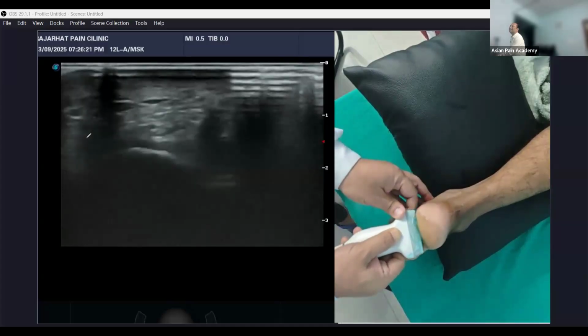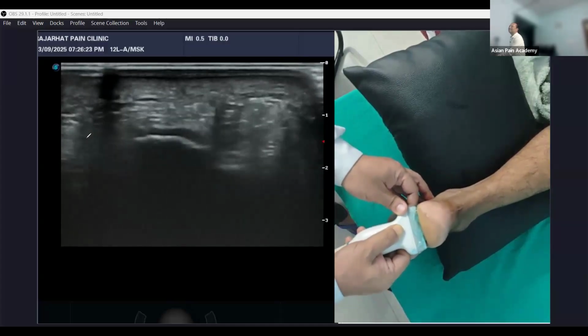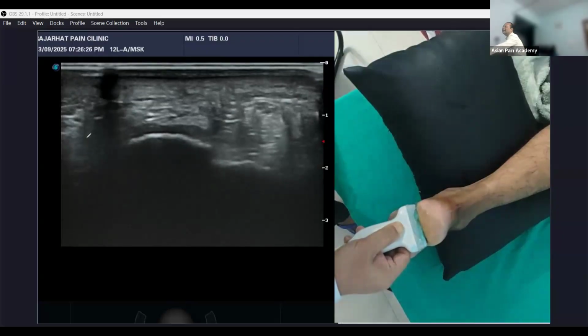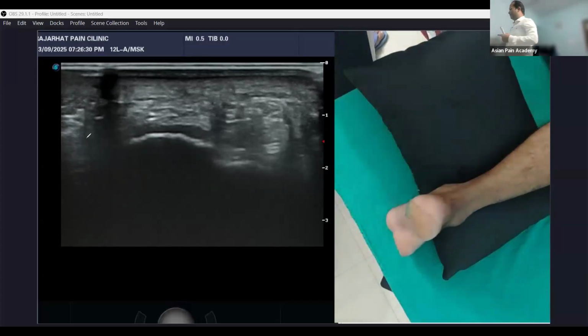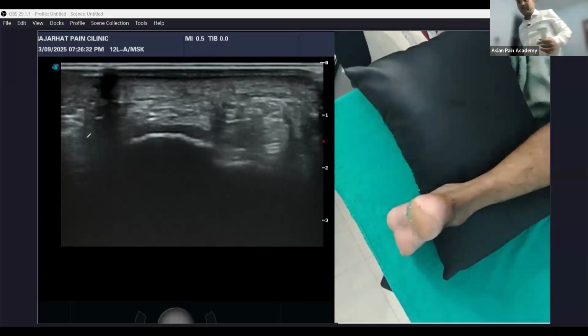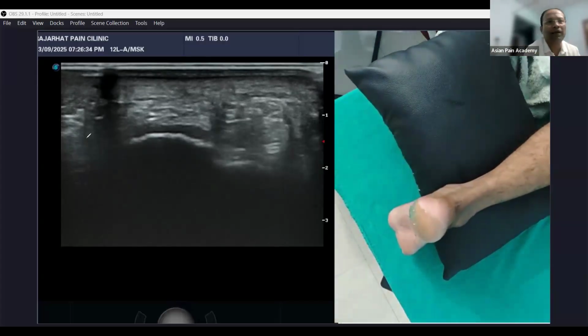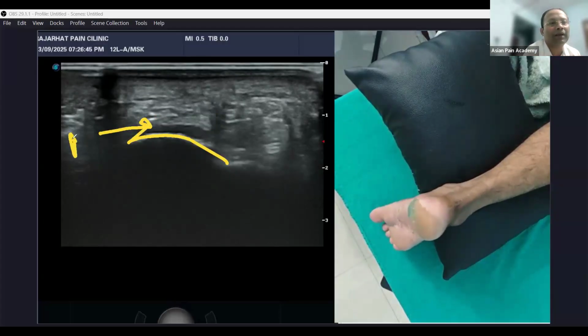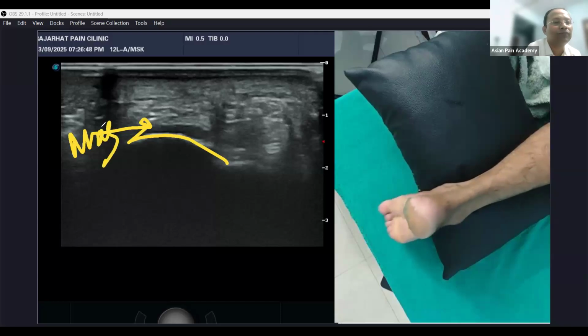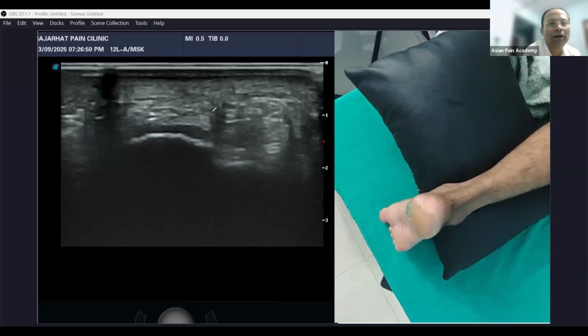Okay, try to perceive the plantar fascia. This white color is the plantar fascia. This is the bone, and in between this is the black muscle. So this white color is the plantar fascia.